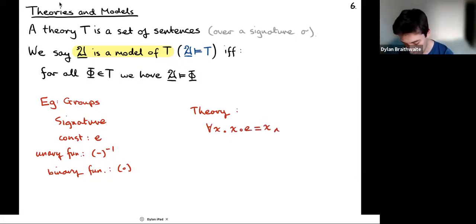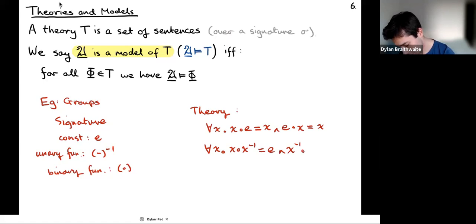And there's the other way around, where the identity operate on x equals x. We need to give some meaning to the inverse. So we can say for all x, x operating with its inverse equals the identity. And then the final thing is associativity.